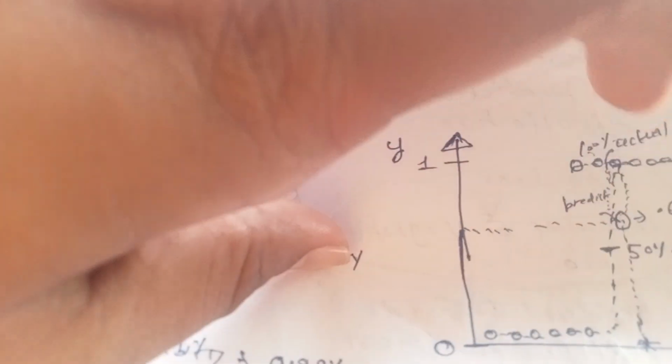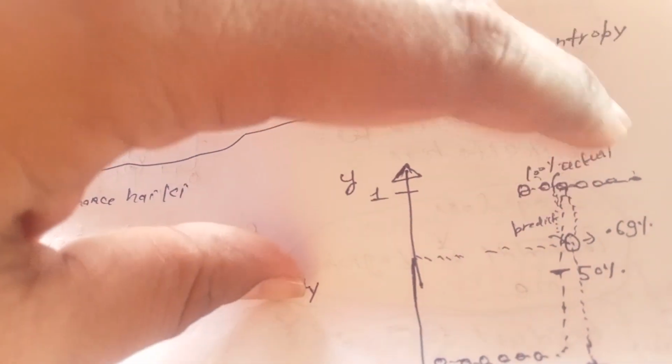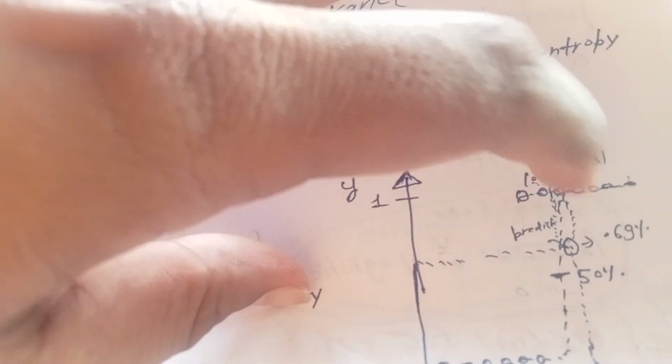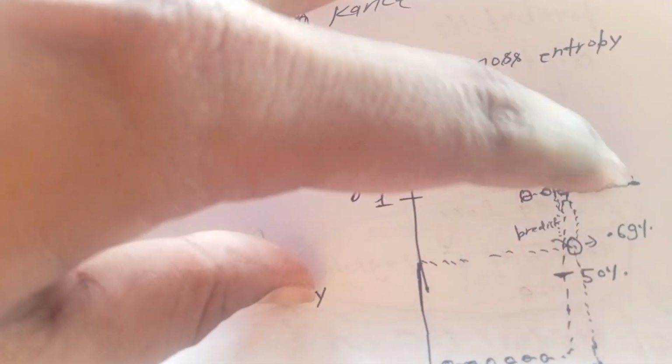So this is actual, which is 100% that he is obese, and here we are getting 69. So you can see the difference between actual and predicted.